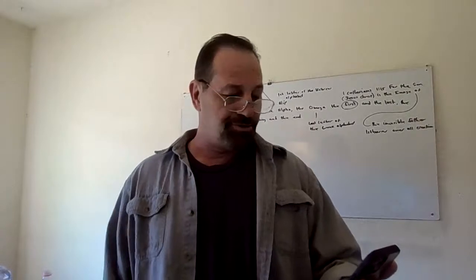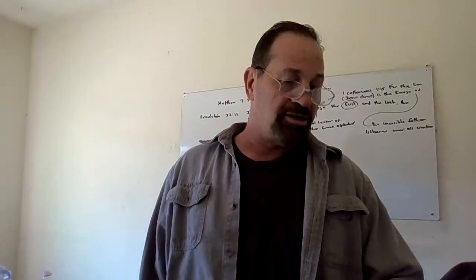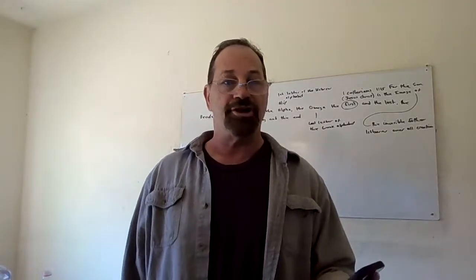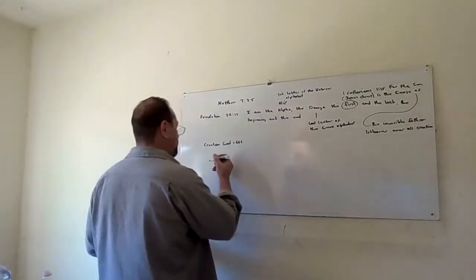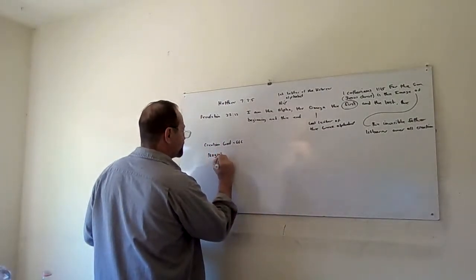You are all sons of the Most High. I said, rulers and judges, you are gods. Whoa. Rulers and judges, you are gods. What are rulers and judges? They're magistrates.